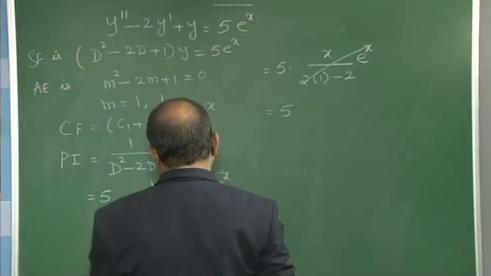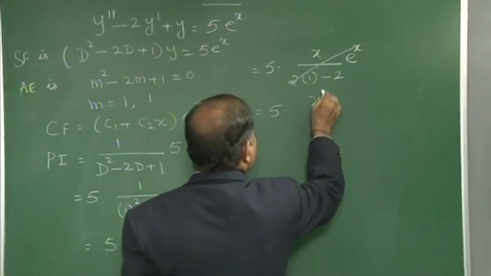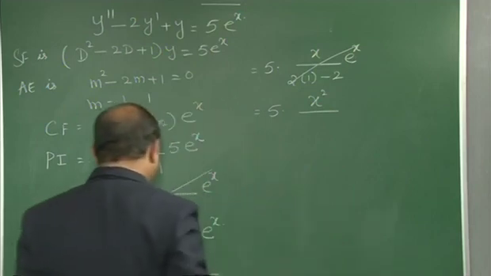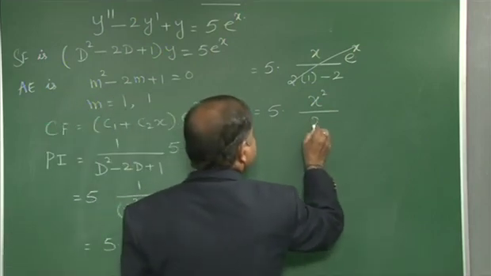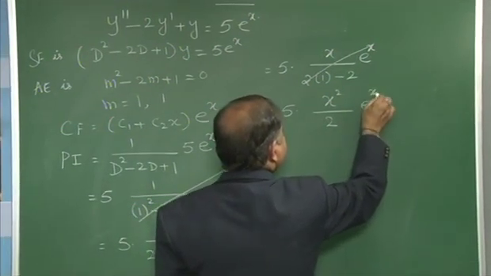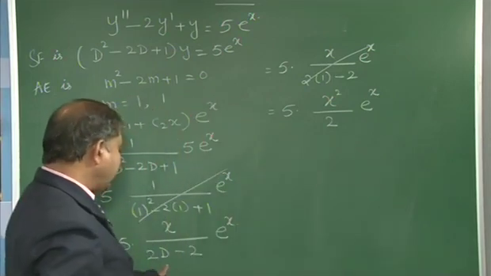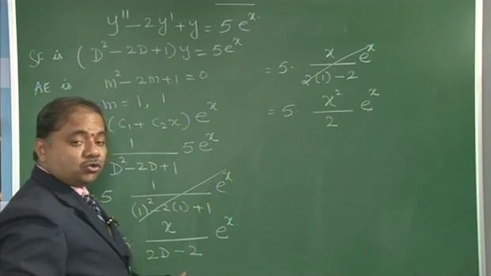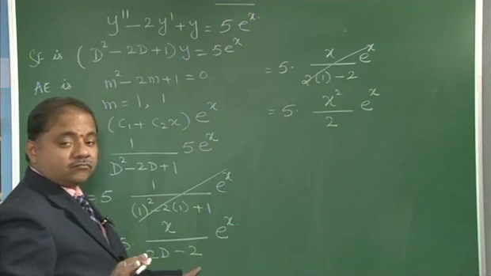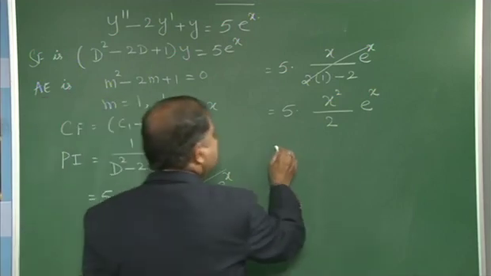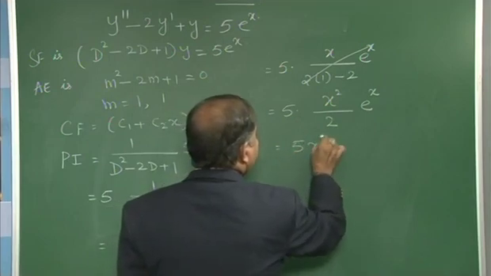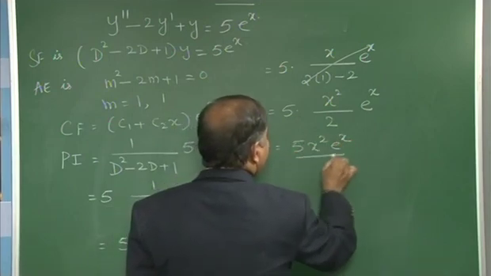Already x is in the numerator, one more x is multiplied, giving x squared. Divide by the differentiation of the denominator: 2D differentiates to 2, D differentiates to 1, and the constant differentiates to 0, so we get 2 minus 0. Now your answer is 5 x squared e power x by 2.